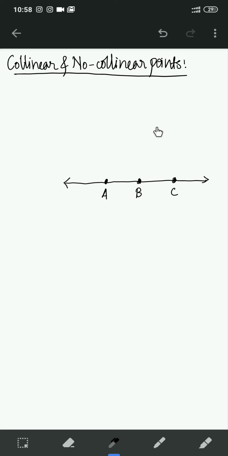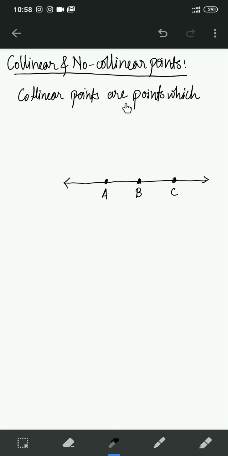So collinear points are points which lie on the same line.